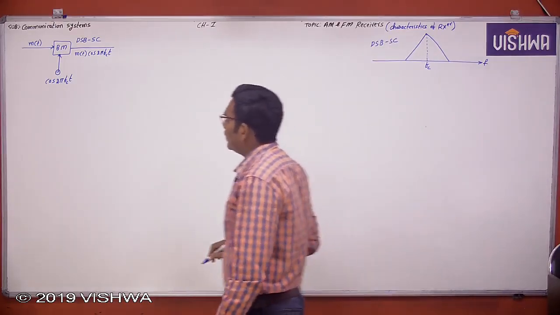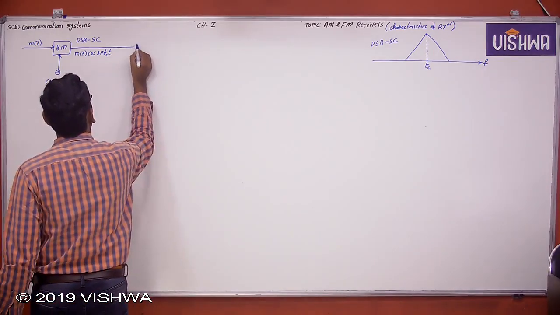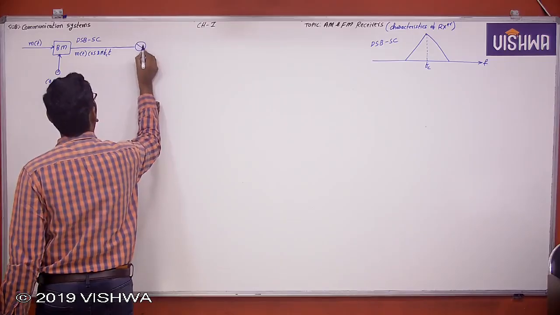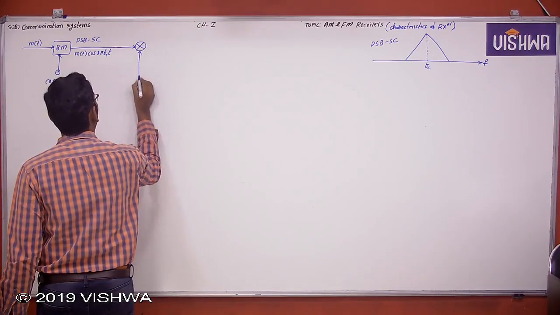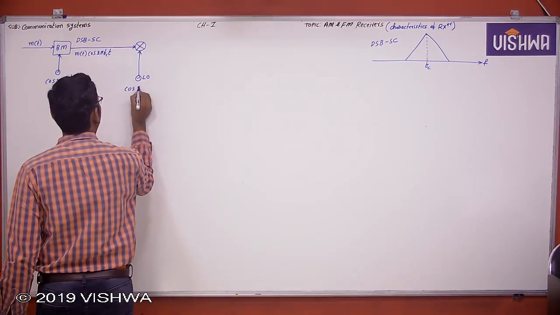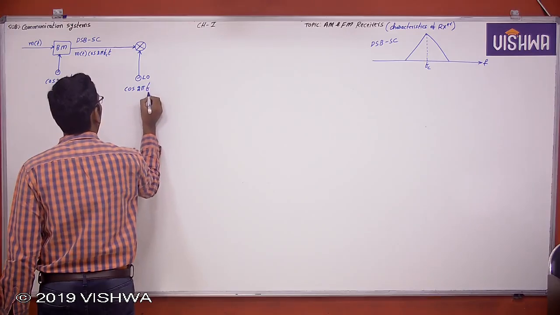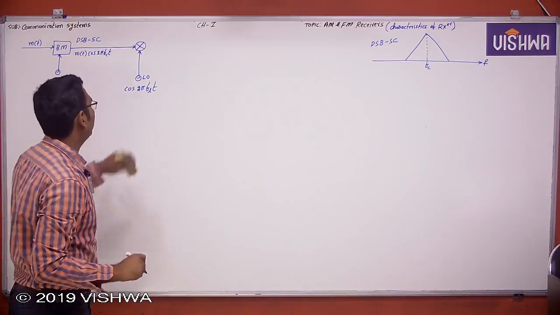Now the carrier frequency is Fc. This is the multiplier, and this is the local oscillator. The local oscillator will generate a frequency FL.